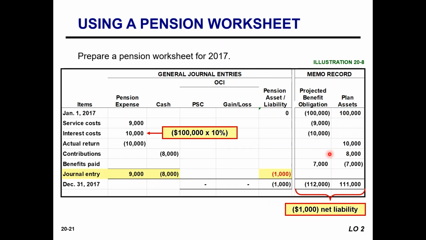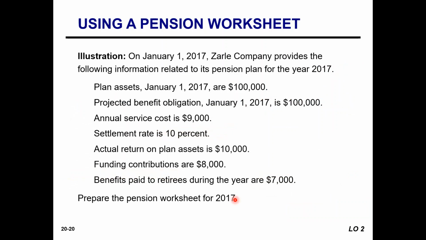And here in the memo record, it's $100,000 for projected benefit obligations and $100,000 for plan assets, the $9,000 for service costs, $10,000 for interest costs, the $8,000 contribution, $10,000 for actual return, and the $7,000 for benefits paid. If you look back to the prior page, this is where the information is coming from.